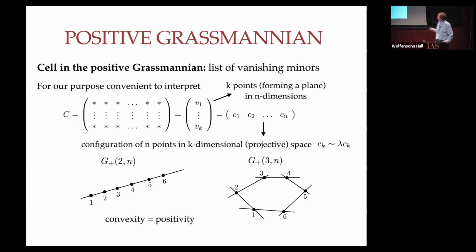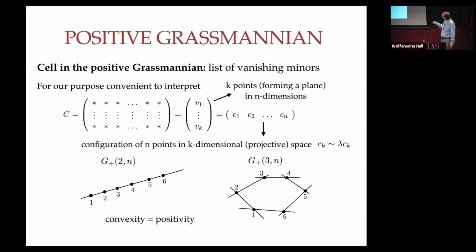Now, the cell in the positive Grassmannian is given by a list of vanishing minors. Now, for the purpose of visualizing what these spaces are, it's convenient to think about this k by n matrix. Originally, we would think about it as some k-plane in n dimensions, but I can also think about it as n points in k-dimensional space.